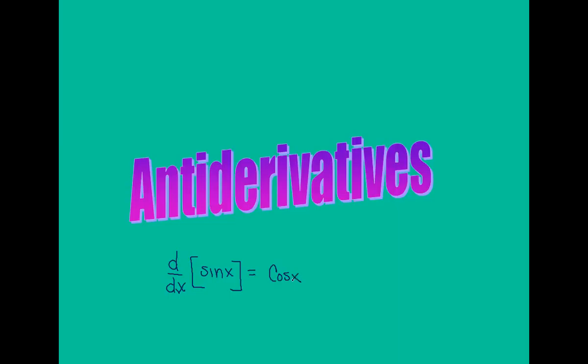What we're going to be looking at in this section is if we were given the cosine and asked for the antiderivative of cosine, we would just be reversing this process. Since this is considered now the derivative, this now, the sine, would be considered the antiderivative of cosine.